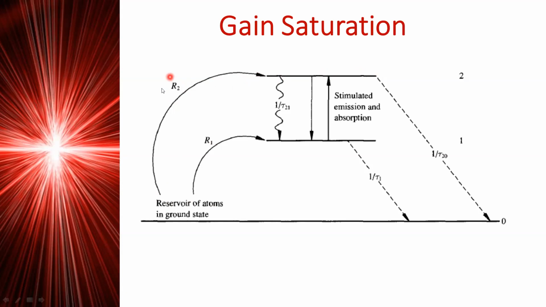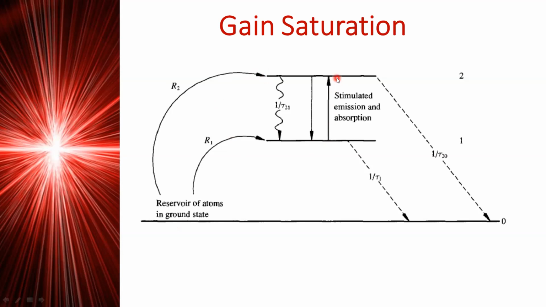So R2 is the rate at which you are pumping electrons from 0 to 2, I'm sorry, from 0 to 2. And also the absorption effect from 1 to 2 will increase the number of electrons in level 2.